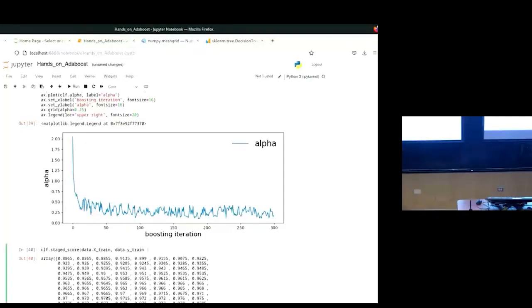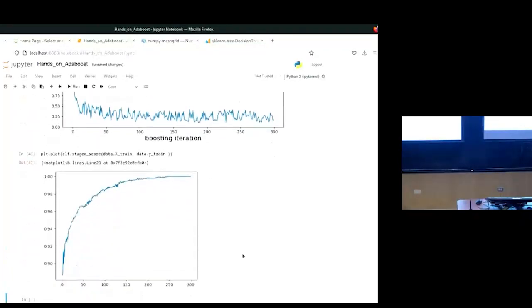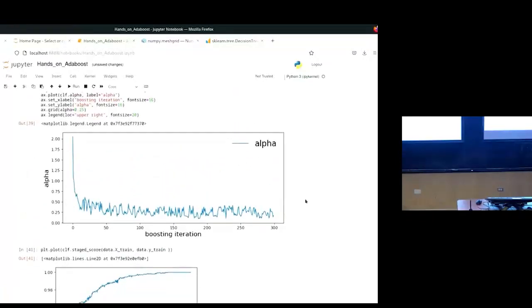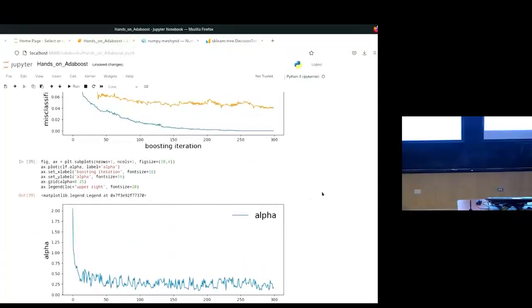And to make it simple, let's just plot. Yeah, so in the training data, as the algorithm works, it's not strictly increasing. We have some regions where it's flat or even decreases, but asymptotically it's always going to increase. All right. Is it clear or do you need more explaining?